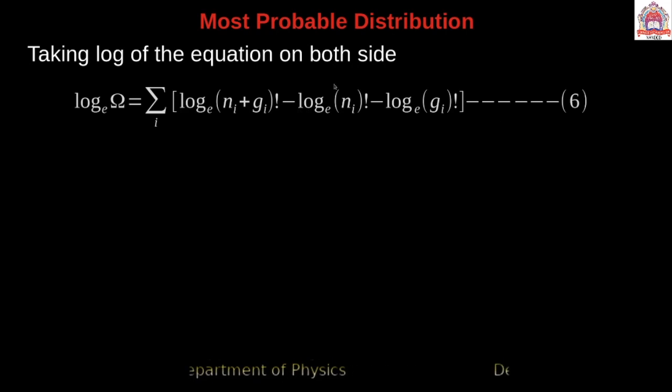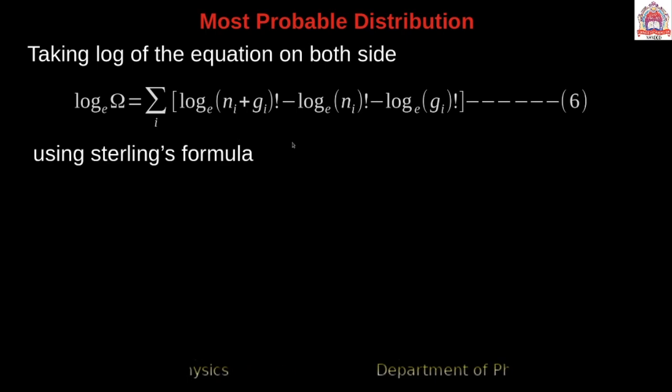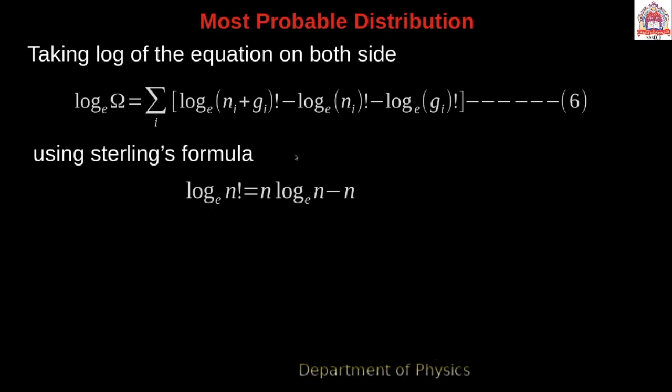For these terms we can use Stirling's formula. By using the Stirling formula, log n factorial is equal to n log n minus n.